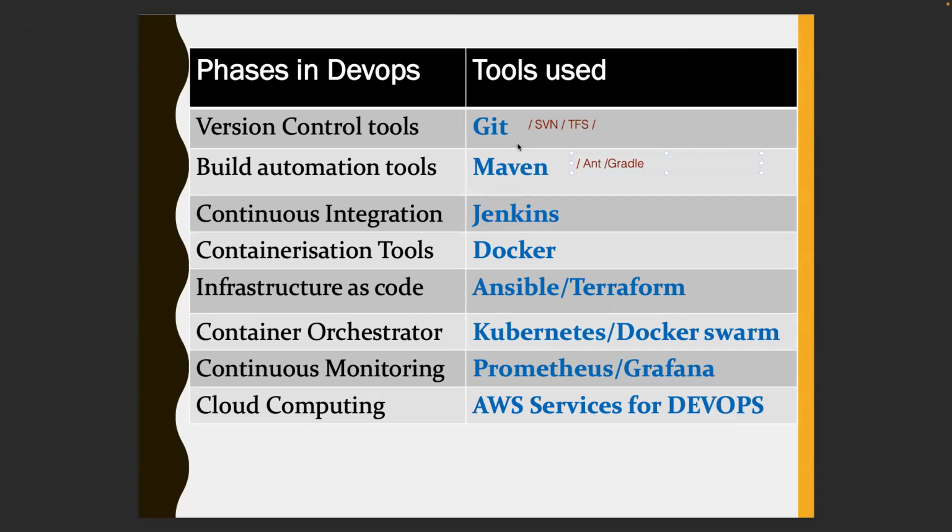But let's say there might be a chance that 20% of projects are in TFS, and you are placed into that project. Still, you can be comfortable because tools in the same category follow similar concepts and analogies. So if you master Git, you can very easily switch to SVN or any other tool. Similarly, if you master Maven, you could switch to other tools.